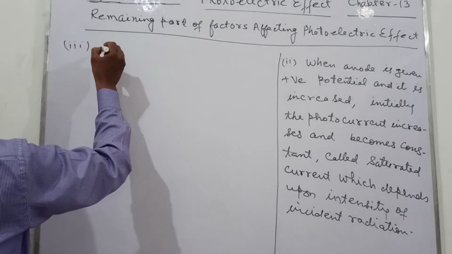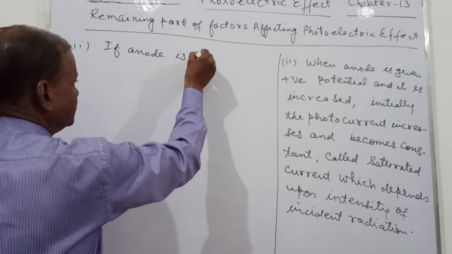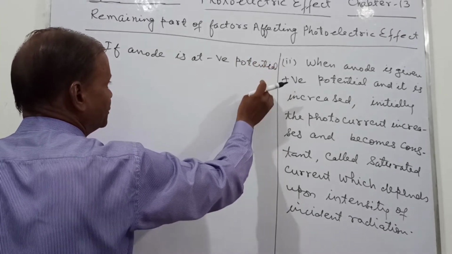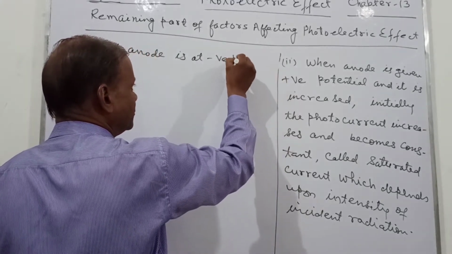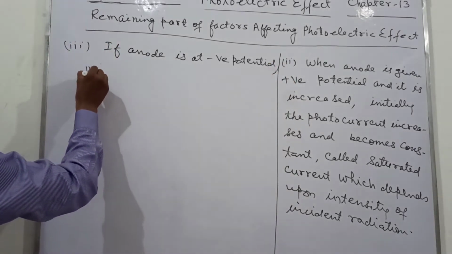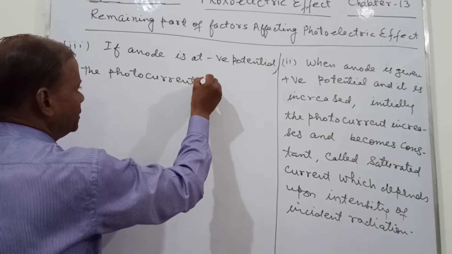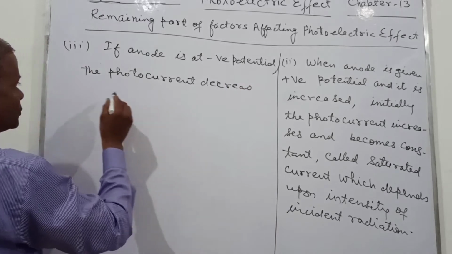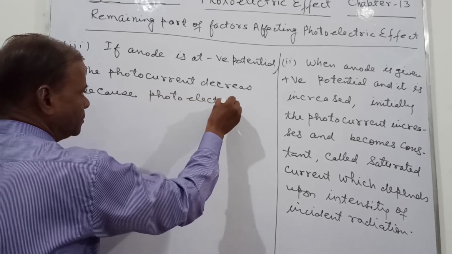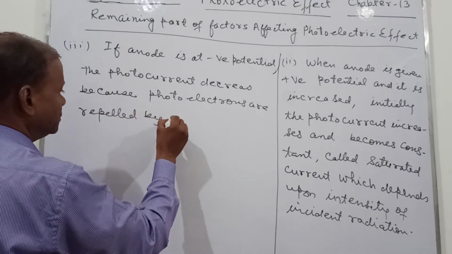Now I am taking the third part. If anode is at negative potential, the photocurrent decreases because photoelectrons are repelled by the plate with negative potential.